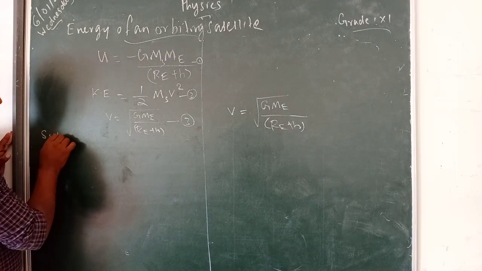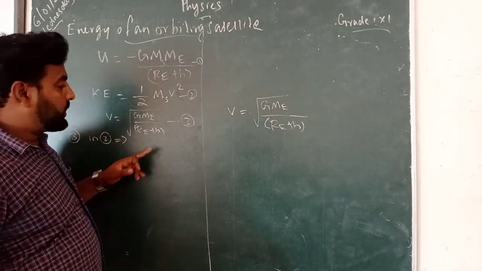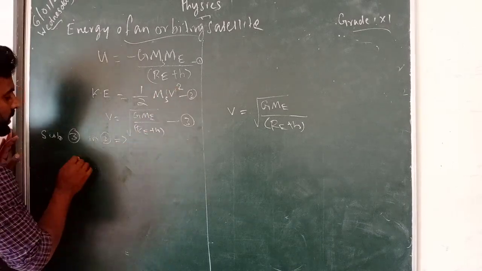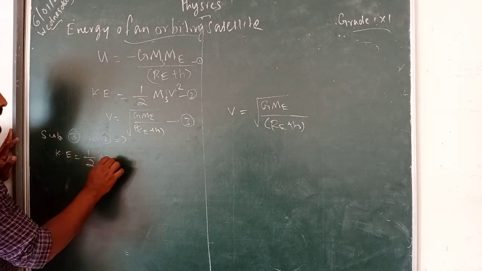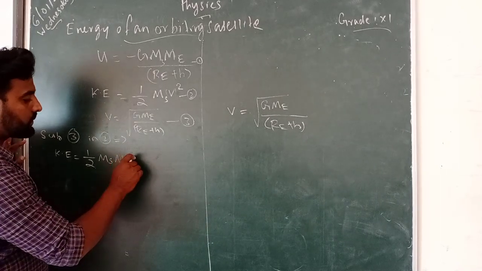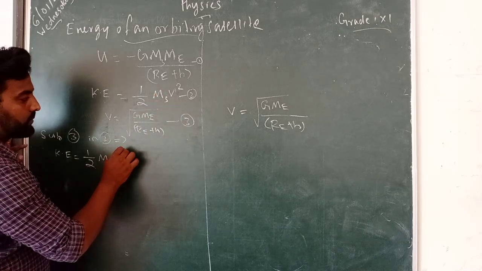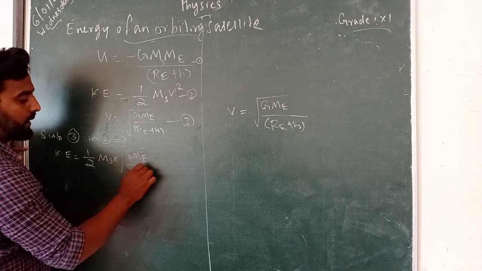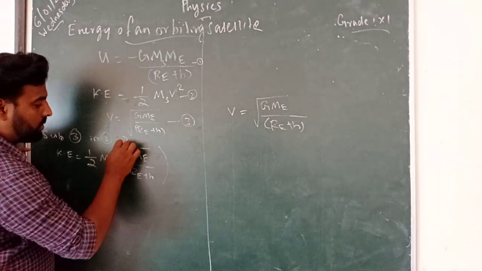Now substitute equation 3 in equation 2. Instead of this v, we have to substitute this one. So kinetic energy is equal to half Ms into v square. V square means root of G Me by Re plus h, the whole square.